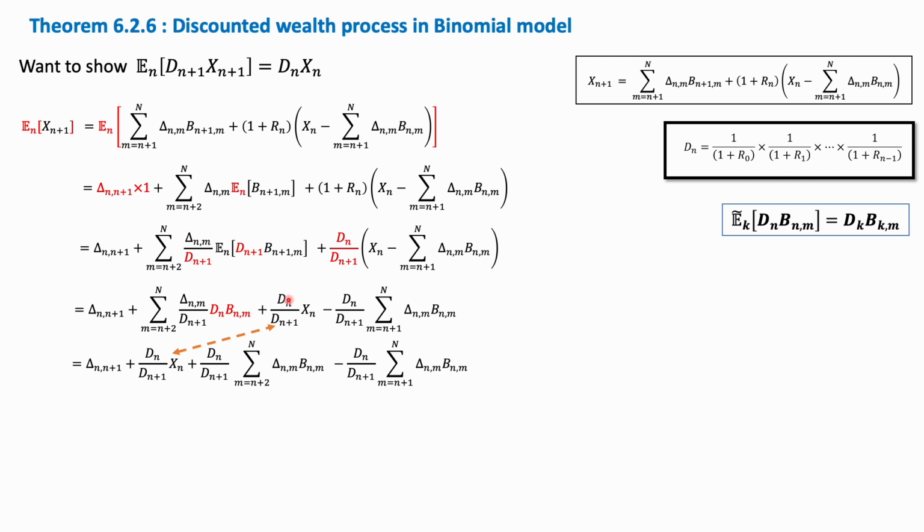So we're taking this expression here and then moving it across. We take this dn plus 1 and move it outside of the summation. And then we just get this expression here. So nothing too surprising so far.